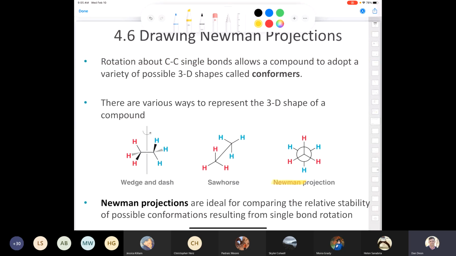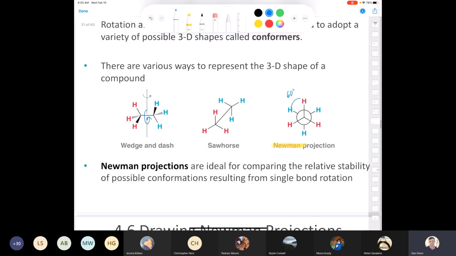Again, the Newman projections are really good for assessing relative stability of conformations resulting from the rotation around a single bond. So what I was doing is just spinning this bond here, right? And I was showing it to you like that. And again, this angle here is 60 degrees in the staggered conformation, and we call that a dihedral angle.